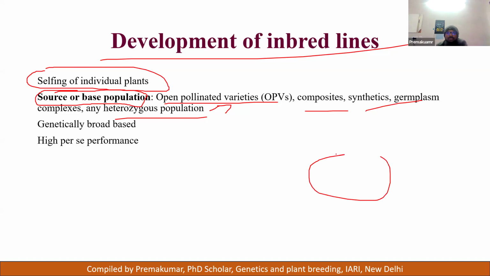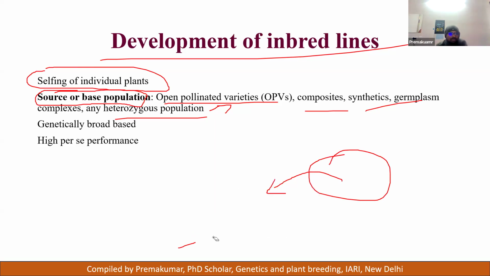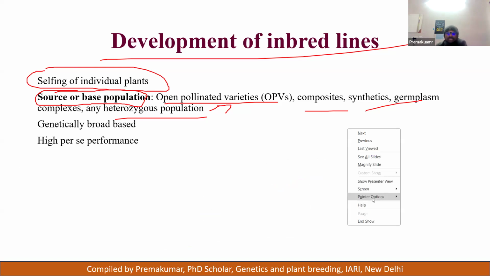You take a source population, select the better ones, then keep on selfing, and you develop an inbred. But what are the different procedures available? Then what is the genetic nature of the source population? They must be genetically broad based and also have high per se performance.